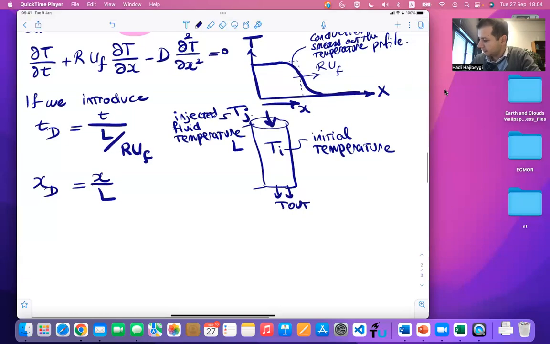So length is given, and rho u_f is given, so there is a flux that takes place as well.